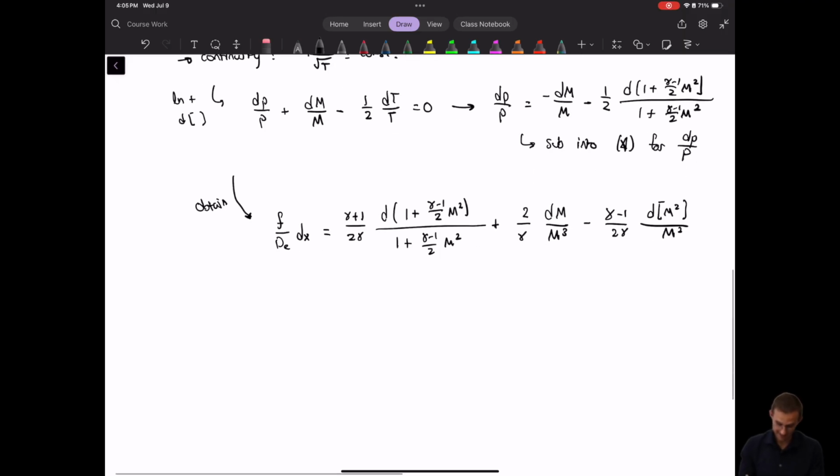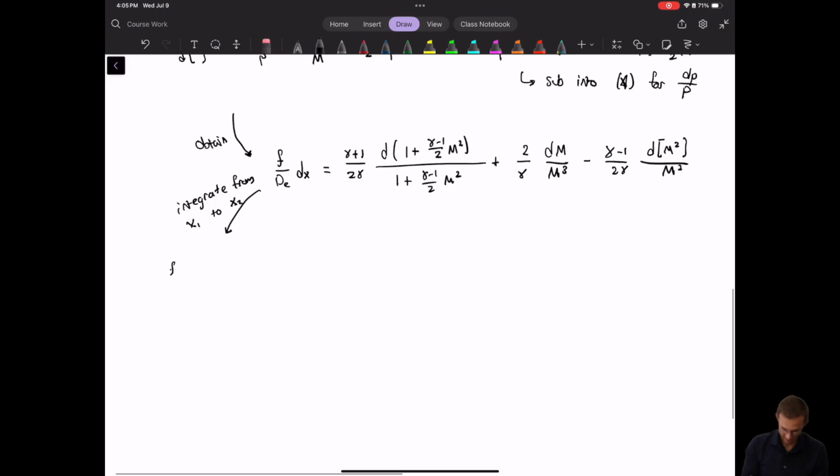So then we integrate this thing. Again, this will all make sense in just a moment. So we integrate from x1 to x2, so from two different points in the duct that we have Fanno flow, and you end up with f times x2 minus x1 over dE. The left-hand side is very straightforward, of course.